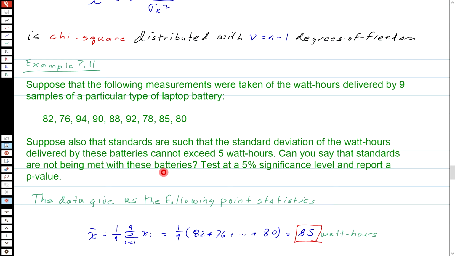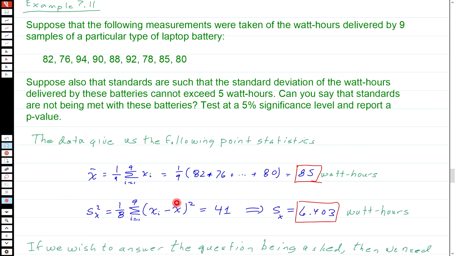Well, let's first of all look at the data itself and compute the sample average, or the x-bar, and the sample standard deviation. So x-bar is the sum of these numbers divided by 9, which gives me 85 watt hours. But we're really more interested here in the sample standard deviation, to test to see whether we're exceeding 5 watt hours or not.